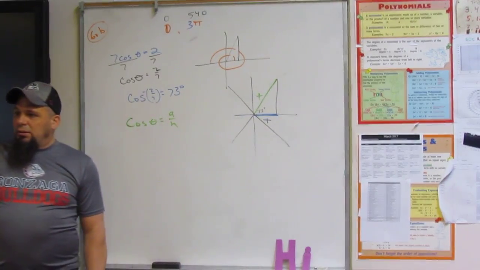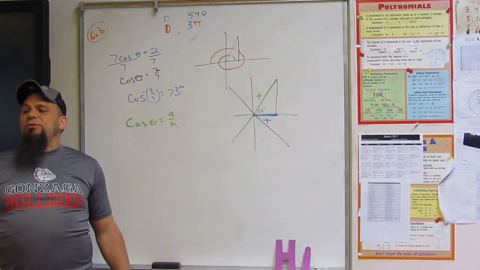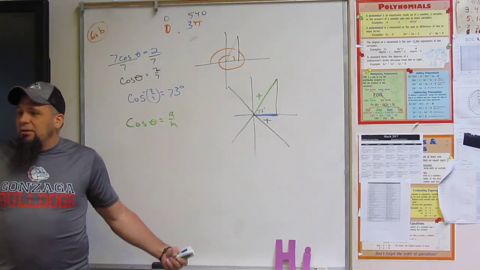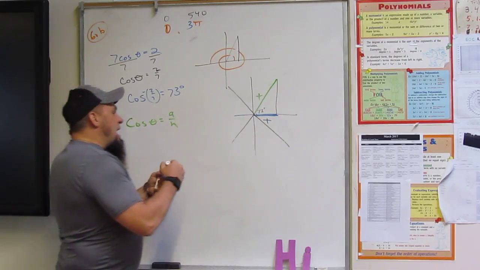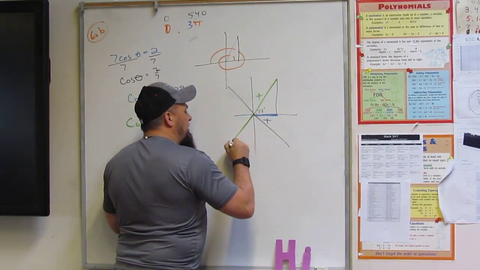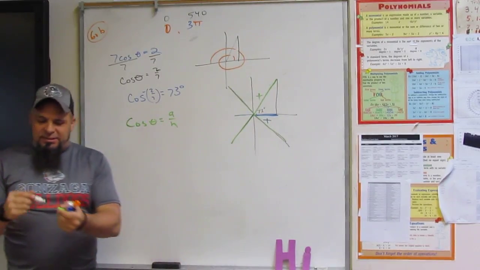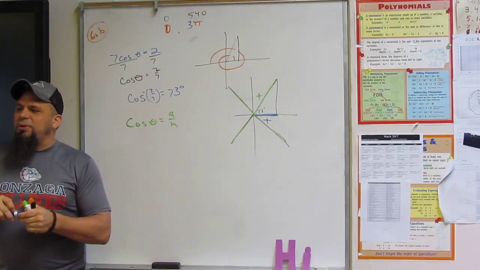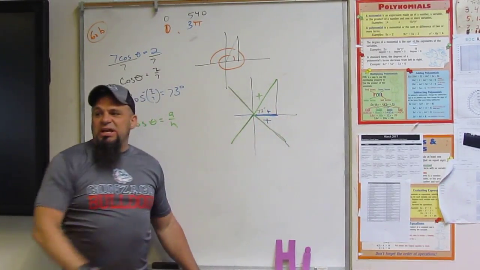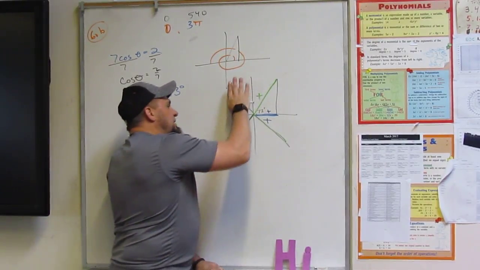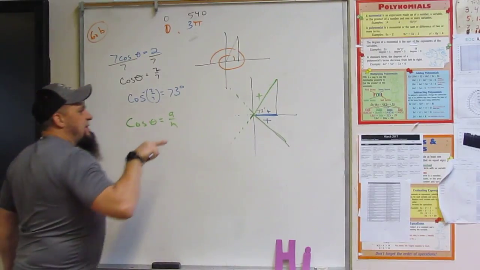Now, we could have a negative over a negative be a positive, but we already said that the hypotenuse is always positive. So the only ones we can look at are where the adjacent side is positive. That means this side we're not looking at. We're only looking at that side.